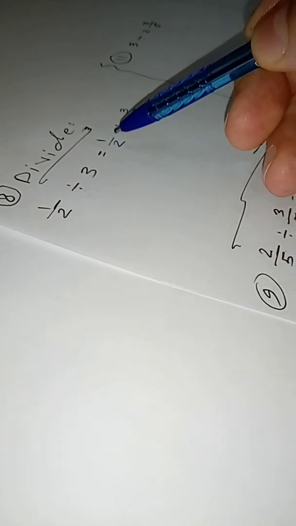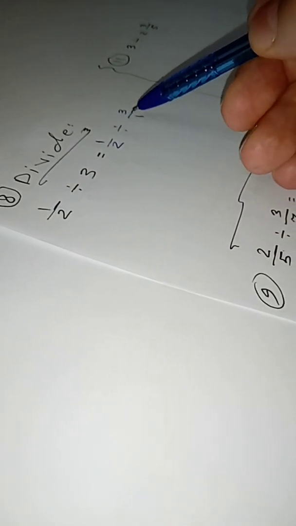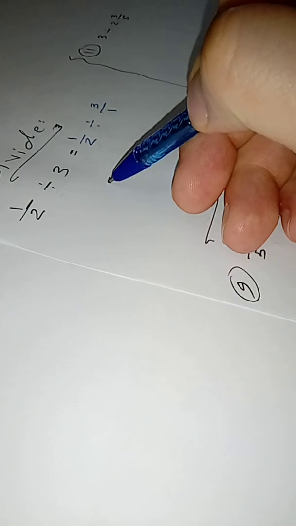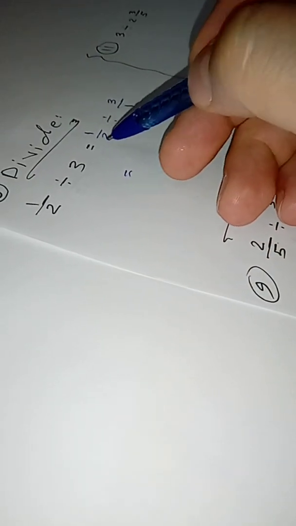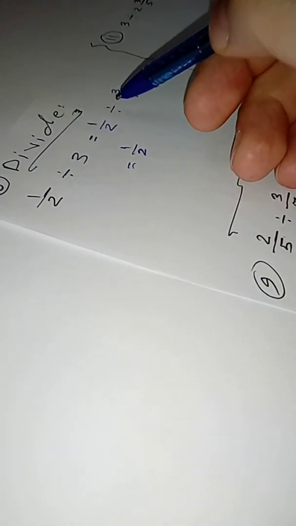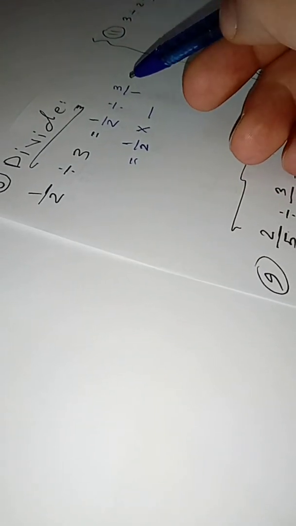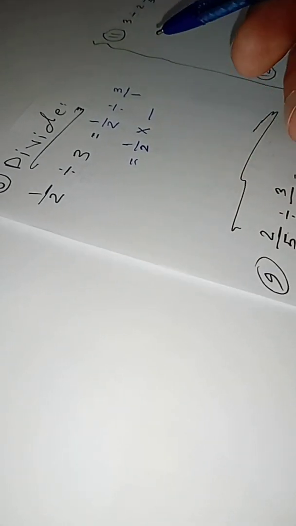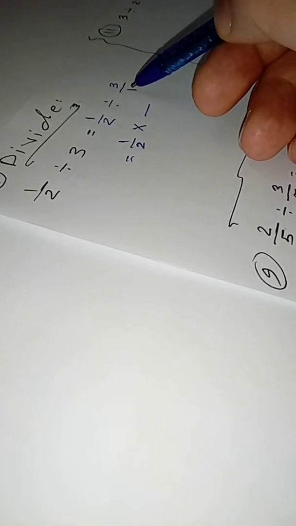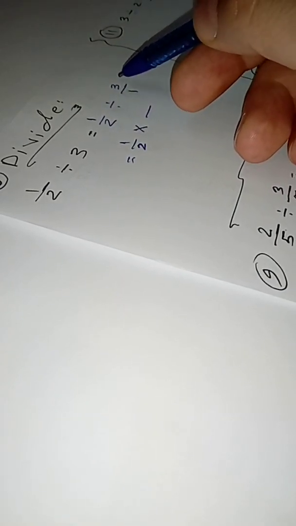The rule said keep, then change, then flip. Keep means the first fraction write as the same fraction. Then change from divide to multiply. Then flip. Flip means switch between denominator and numerator. Put a denominator up and numerator down.